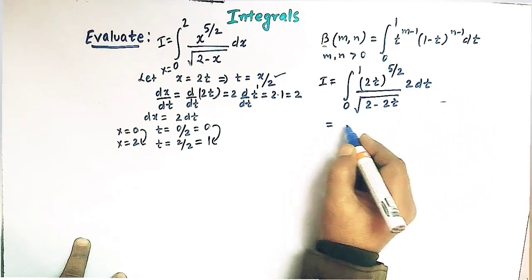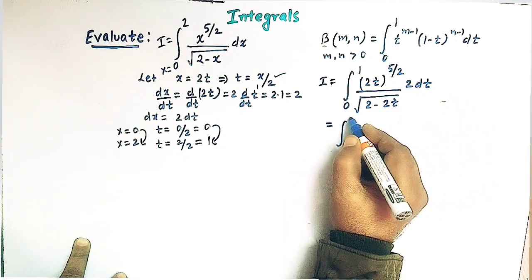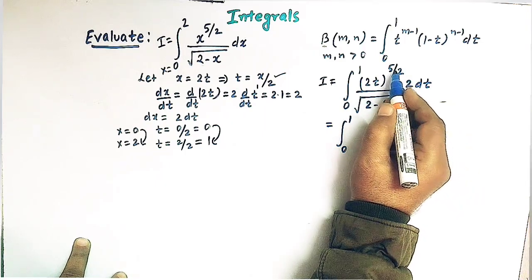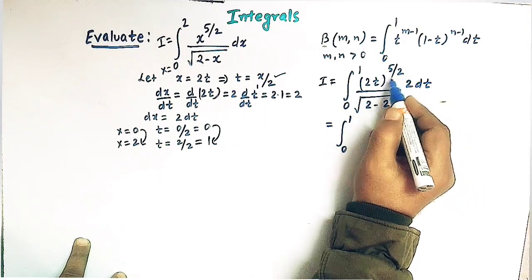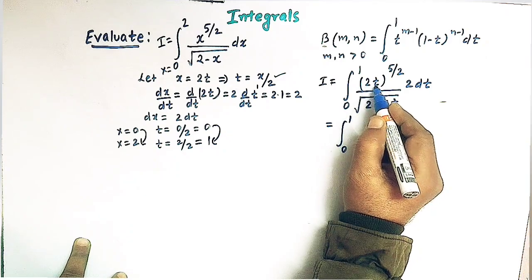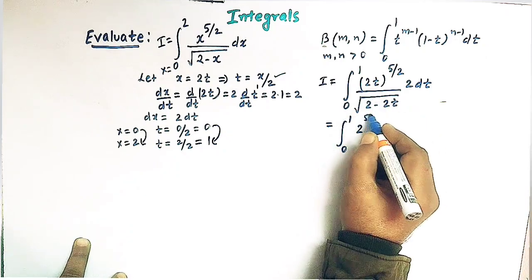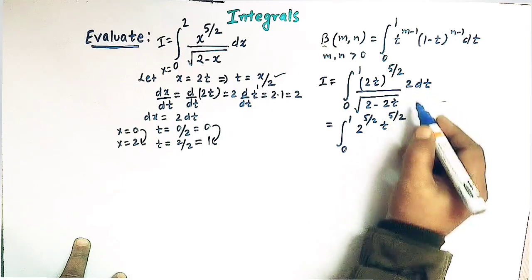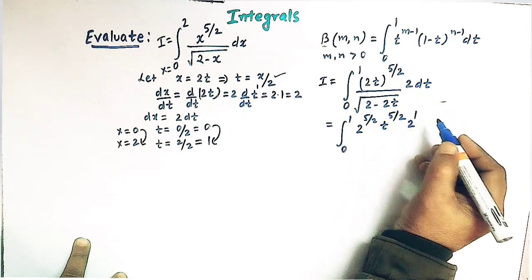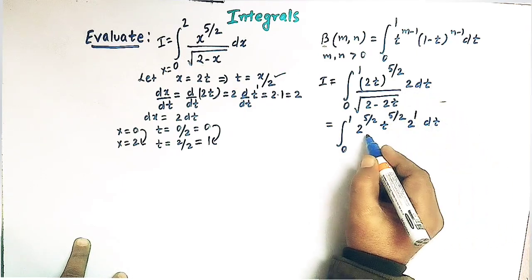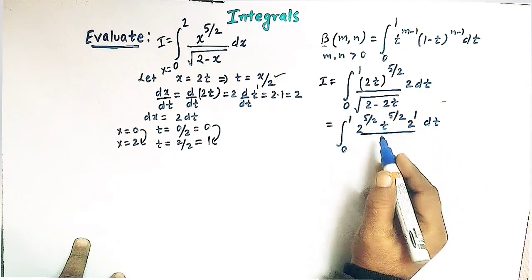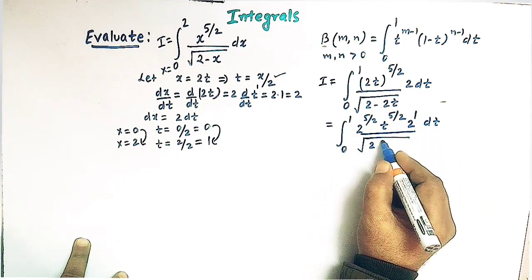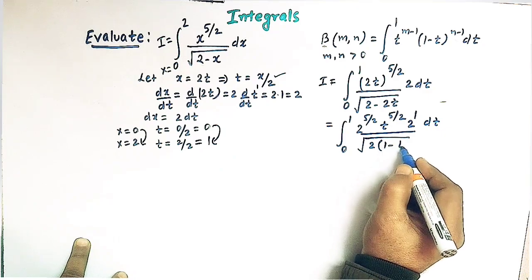So let us now simplify this expression. So we can now distribute this power, that is 5 over 2 and t. So we have 2 raised to 5 over 2, t raised to 5 over 2. Here we have 2 raised to 1 and dt, and in the denominator we have square root of 2 times 1 minus t.